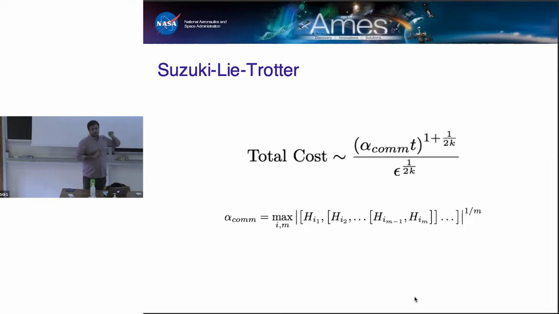One funny thing about these Suzuki-Trotter-based methods is that the cost actually depends on the coefficients through their commutators. This is going to be a different kind of dependence than we'll see in some of the upcoming methods.